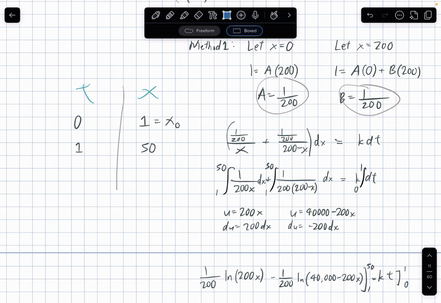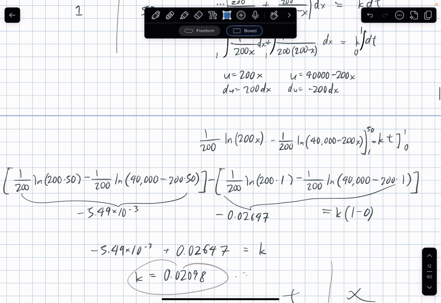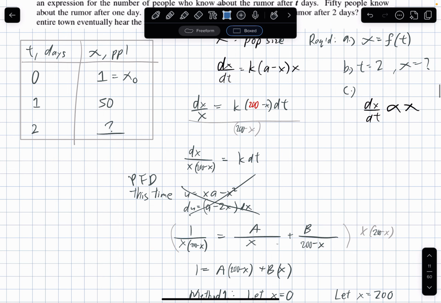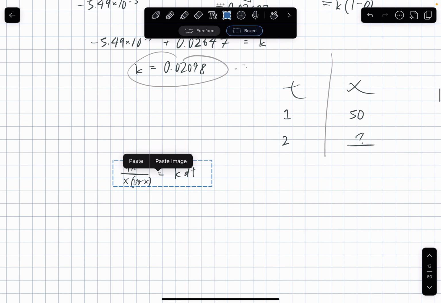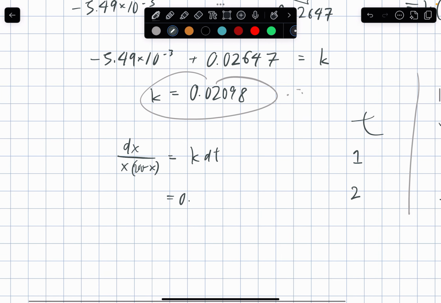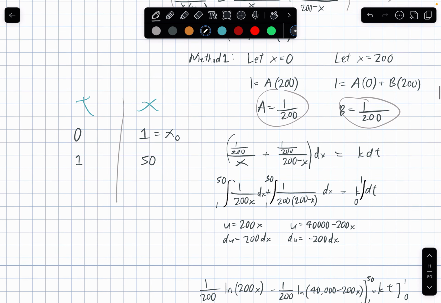Where is our general solution? This one. So 0.02098. Wait. The updated one.